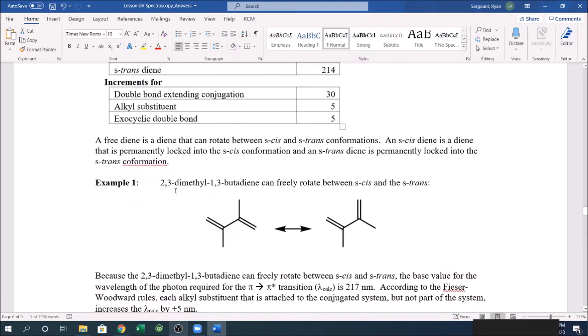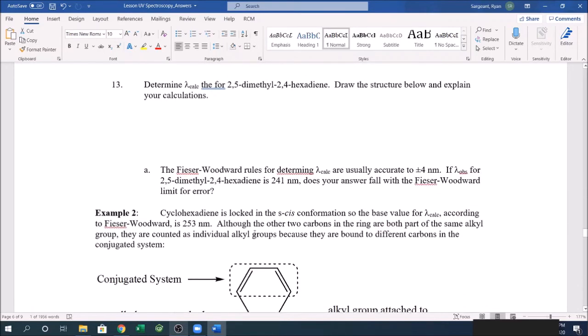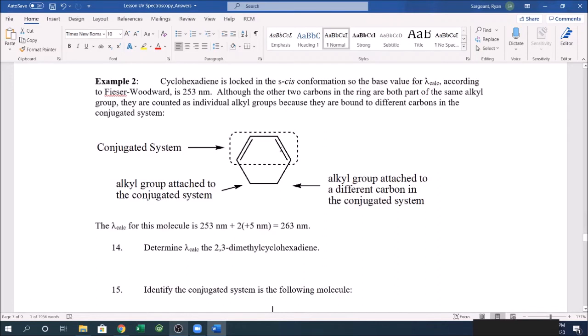So let's look at this example of 2,3-dimethyl-1,3-butadiene. So I took a 1,3-butadiene and I just tacked 2 methyl groups on it. Now, the 1,3-butadiene is free to rotate along this single bond. So some of the time it will be in an S-cis conformation, and some of the time it will be in an S-trans conformation. Contrast that with this example right here.